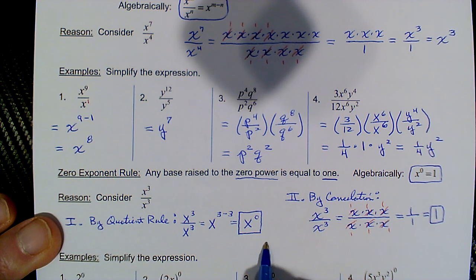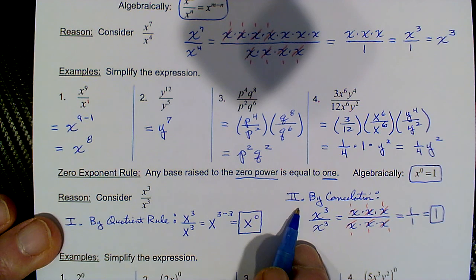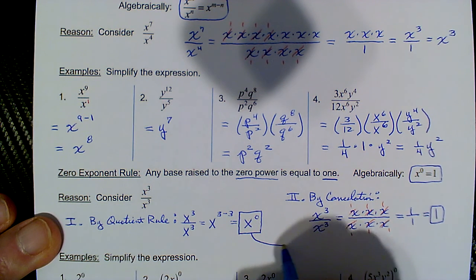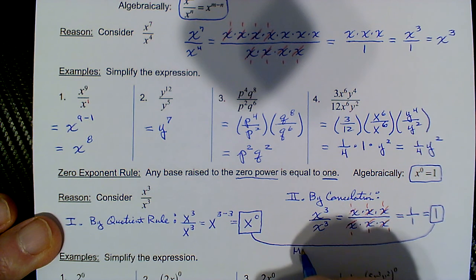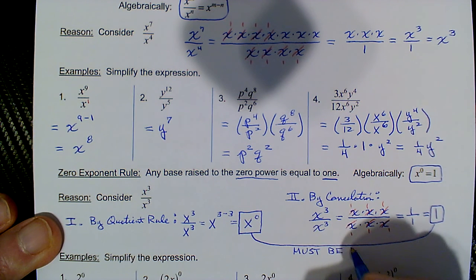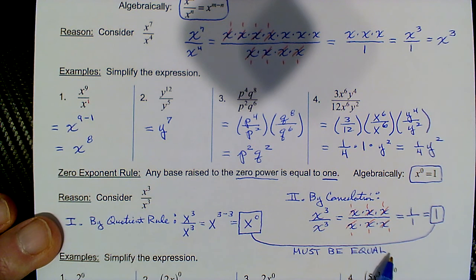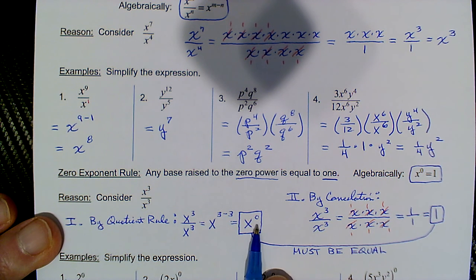So, since we have shown that by two different methods, we have two different results, these two must be equal. And so therefore, the justification for our rule that x to the 0 must equal 1.